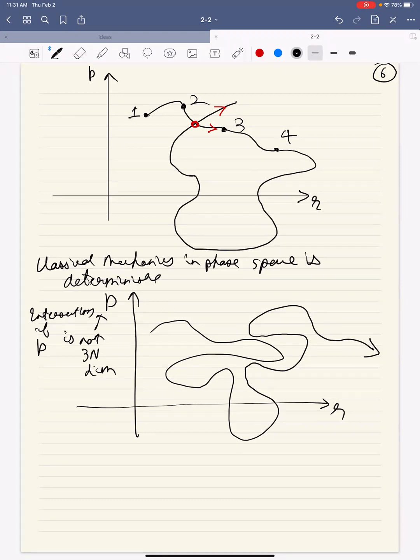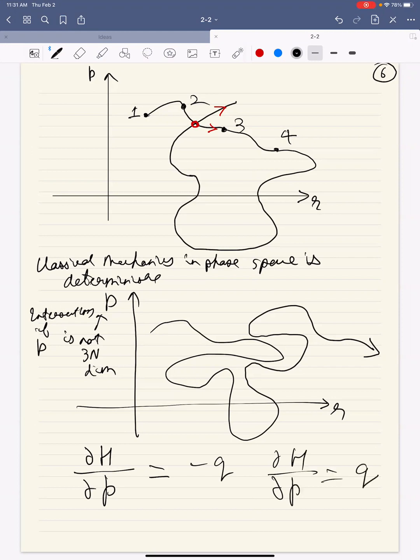Anyone remembers Liouville's theorem from there? Yeah, go ahead. I just don't understand why it can't intersect. So what is the problem if it's intersected? So the problem is that when you write Hamilton's equation of motion, which one is it? Minus Q or plus Q? I always forget. These equations are deterministic.